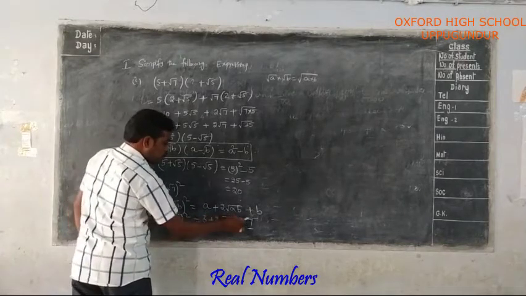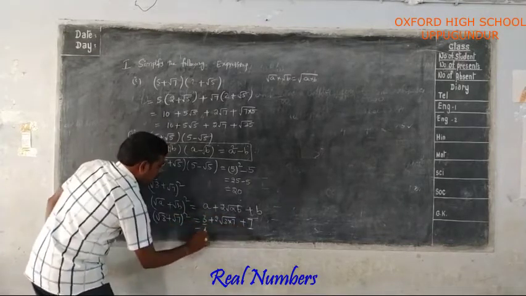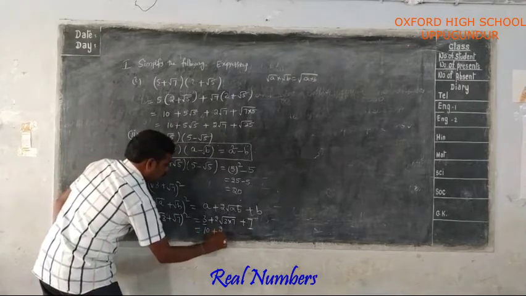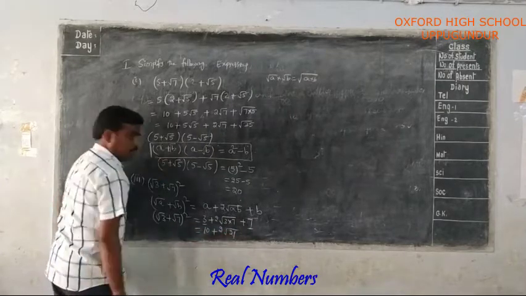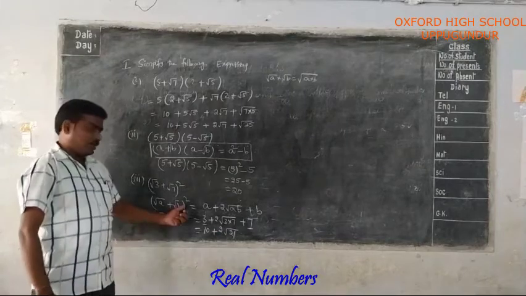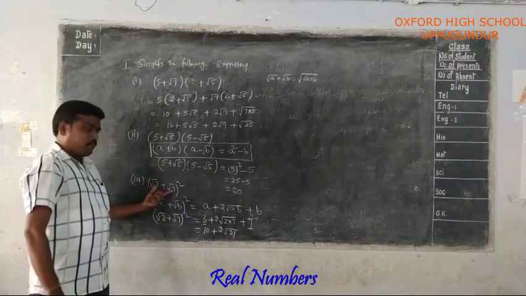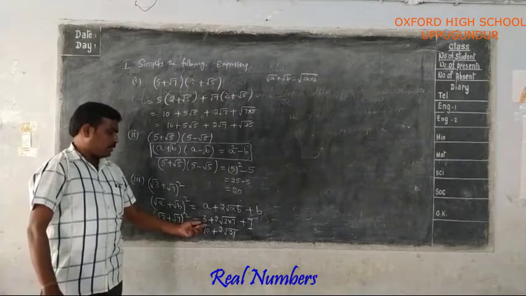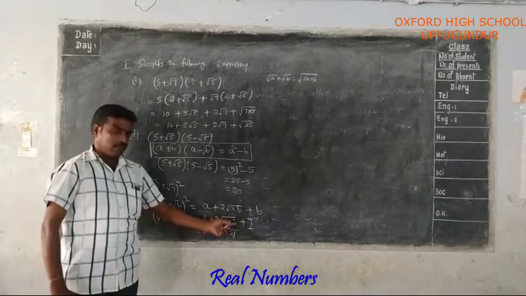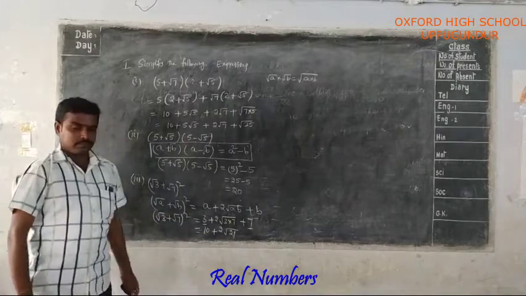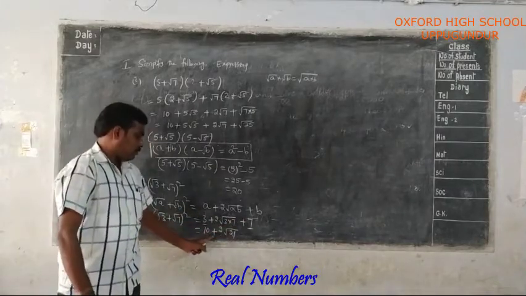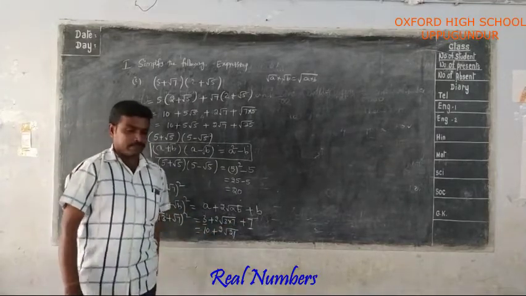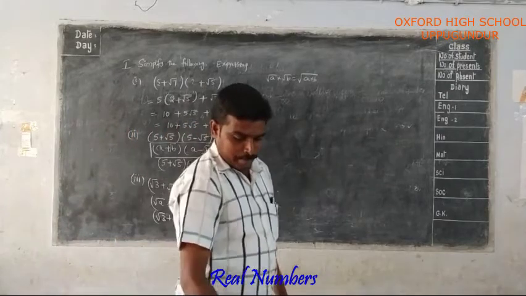By adding these two rationals, 3 plus 7, 10, plus 2√21. So by using this identity we can simplify it like this: (√3 + √7)² equals 3 + 2√(3·7) + 7. 3 plus 7 is 10, so 10 + 2√21. Next, fourth one.